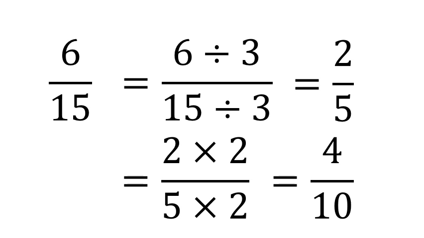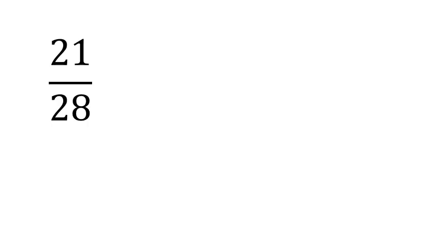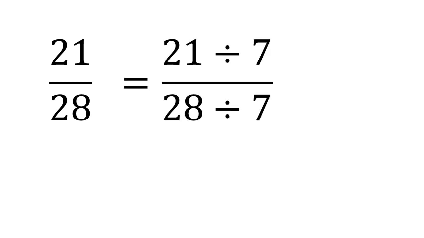Let's have another example. We have 21 over 28. 28 looks impossible to be changed to 10 or 100 or 1000 and so on. But what if we simplify up and down by 7? 28 and 21 are both divisible by 7 from the multiplication table. So we will obtain 3 over 4.